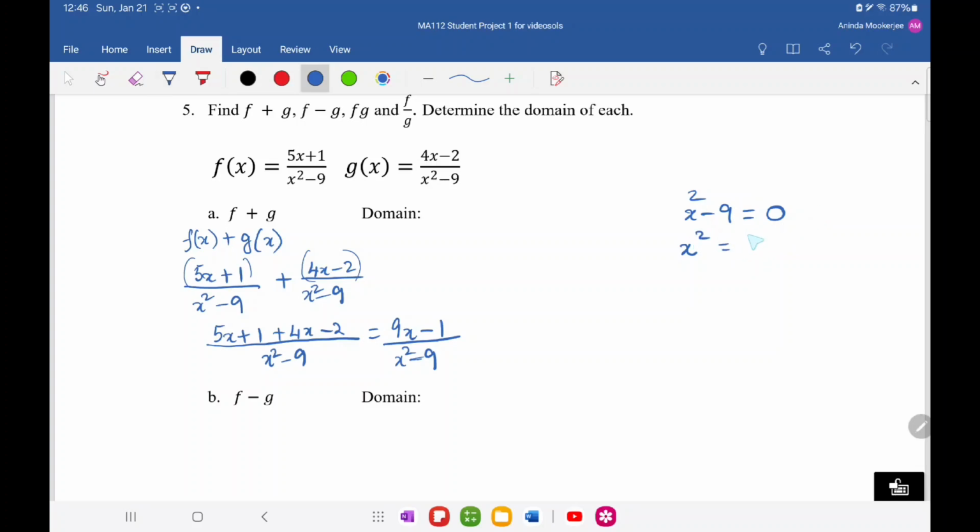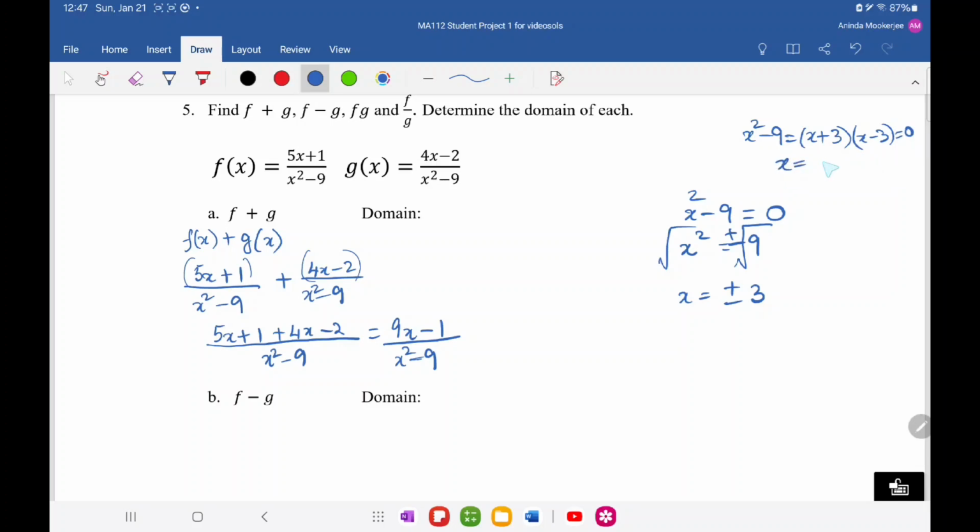So we have x squared equals, moving the 9 over to the other side, x squared equals 9. Take the square root of both sides, plus or minus, so we end up with x equals plus or minus 3. Or, because this is a difference of squares, you can factor it: x squared minus 9 is the same as (x plus 3)(x minus 3), and make it equal to 0.